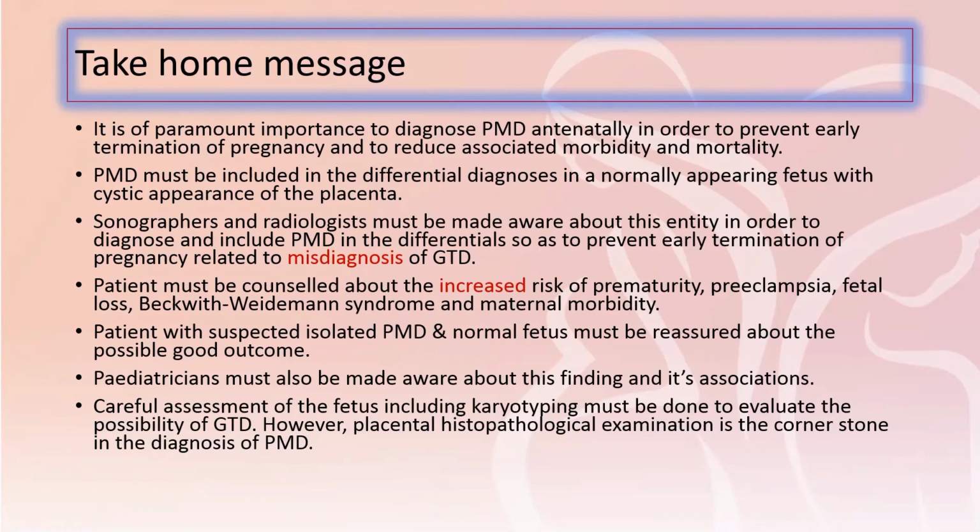Pediatricians must also be made aware of this finding and its associations. Careful assessment of the fetus, including karyotyping, must be done to evaluate the possibility of gestational trophoblastic disease. However, placental histopathological examination is the cornerstone of the diagnosis of PMD.